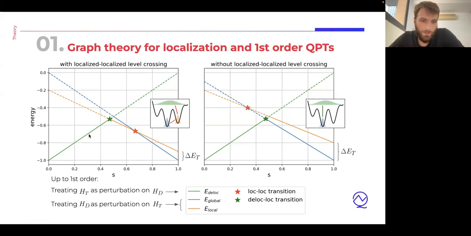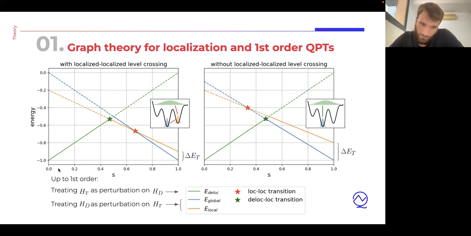This gives us this green line here. Then we do the reverse process for the target Hamiltonian, and perturb both the ground state energy and the energy of a local minimum by slowly tuning in the driver Hamiltonian. This gives us the blue line for the global minimum and the orange line for the local minimum respectively.